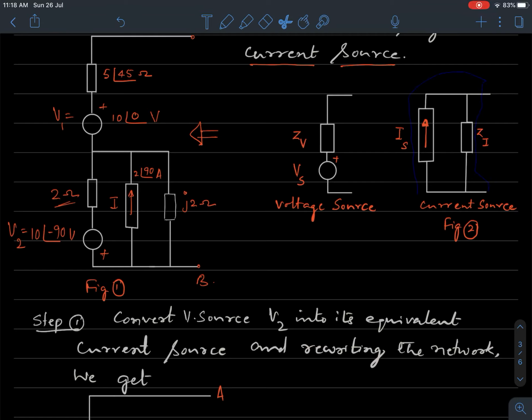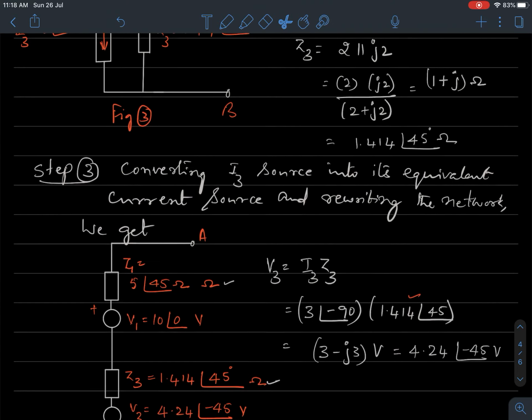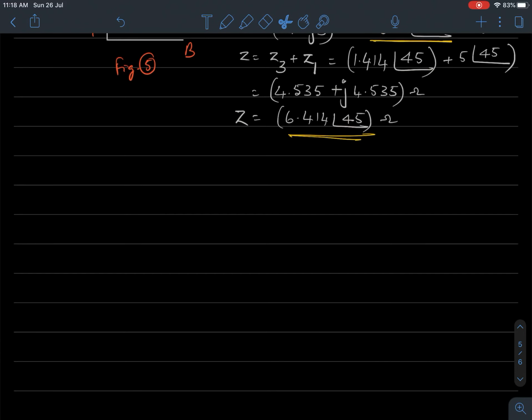I will pick up this current source, which I have kept ready for my immediate use. I'll copy this diagram, take it down, paste it here, and shift it.